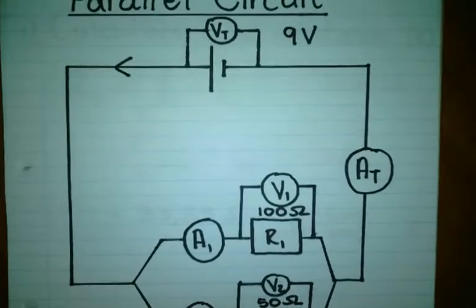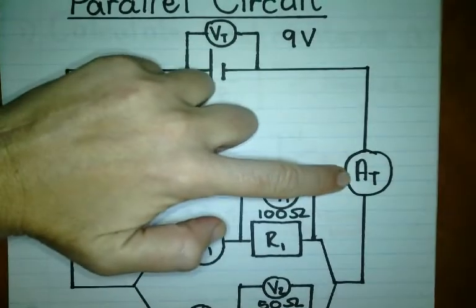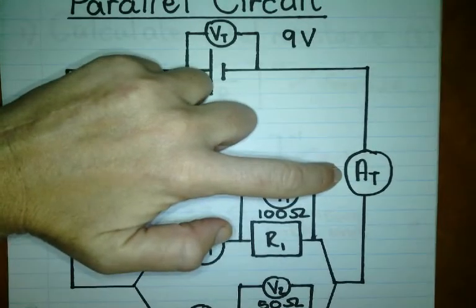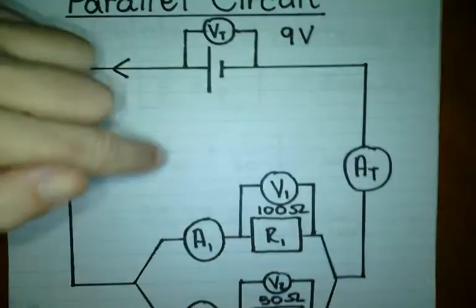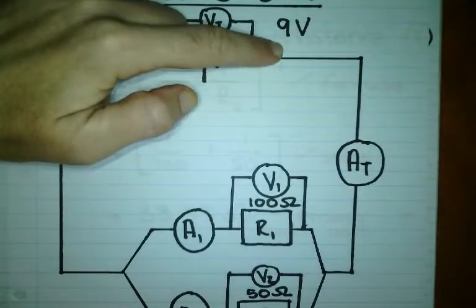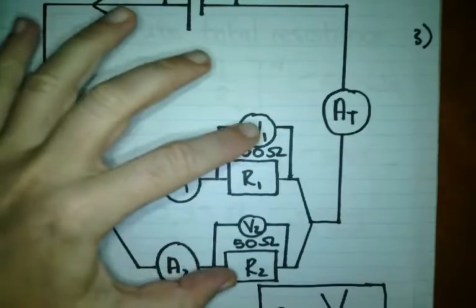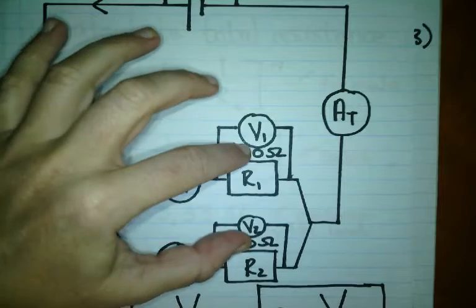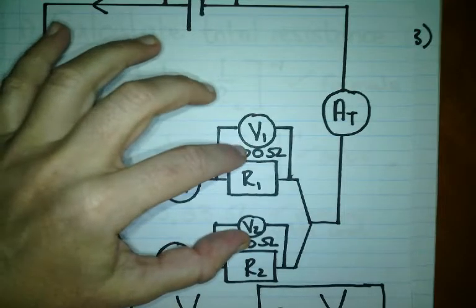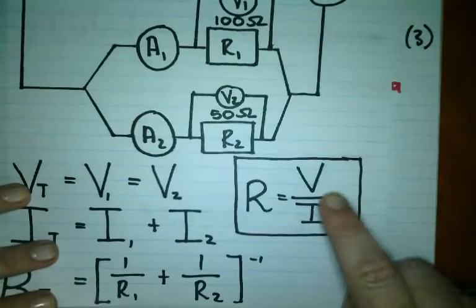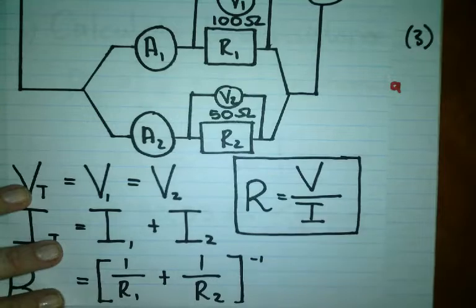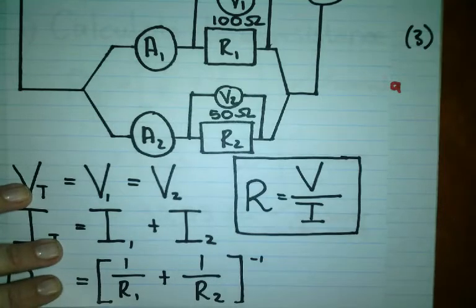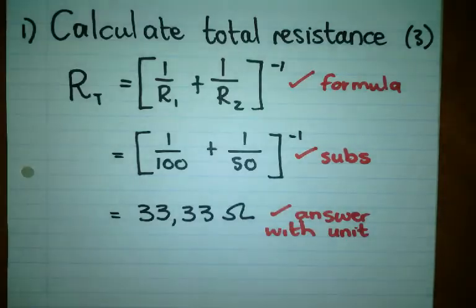Now the next question, just like with a series circuit, is I'm going to ask you to calculate the total current. Okay, now we have the total voltmeter reading, and we just calculated the total resistance, and so we're going to use this equation here that will allow us to calculate total current.